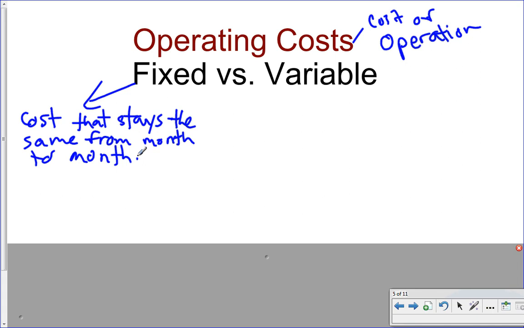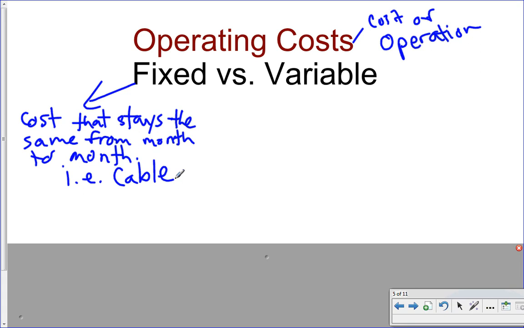Most people pay the same amount on their cable bill each month. Now, next month, you could watch 800 hours of TV. Actually, I don't even know if that's possible, but let's say you watch a couple hundred hours of TV. And the month after, you only watch 10 hours of TV. No matter how much TV you watch, your cable bill will still be the same.